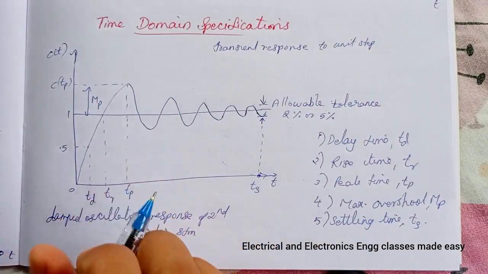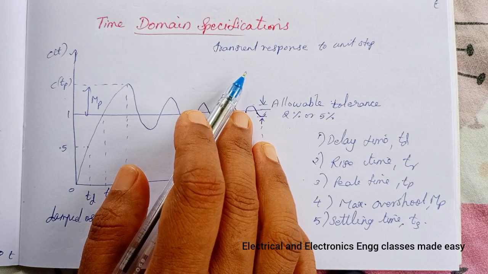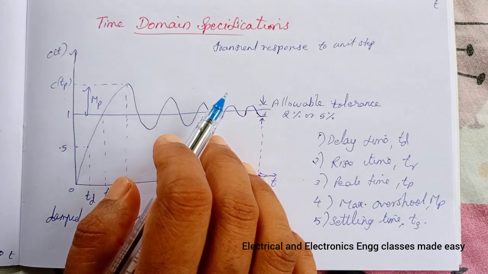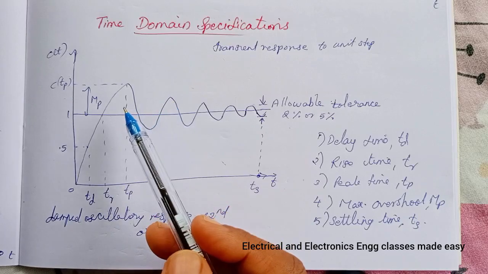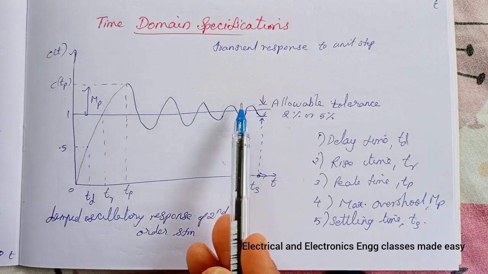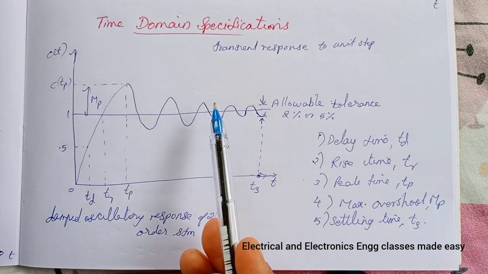The transient response of a practical control system often exhibits damped oscillation before reaching steady state.